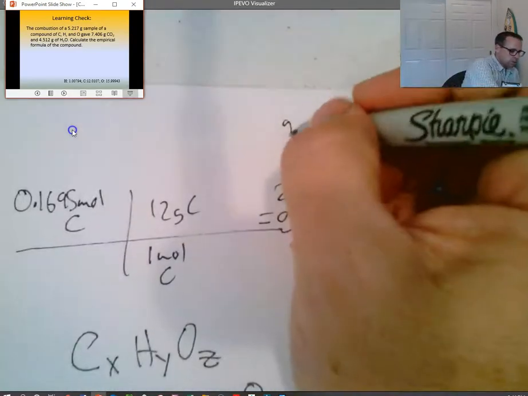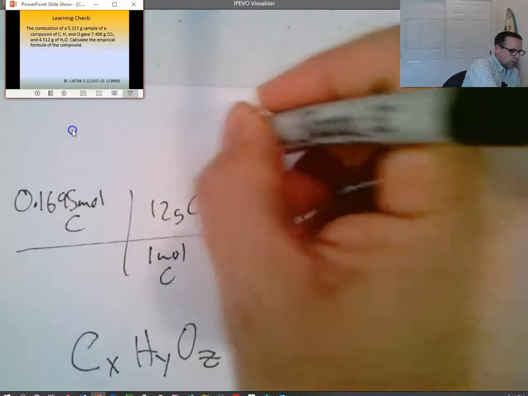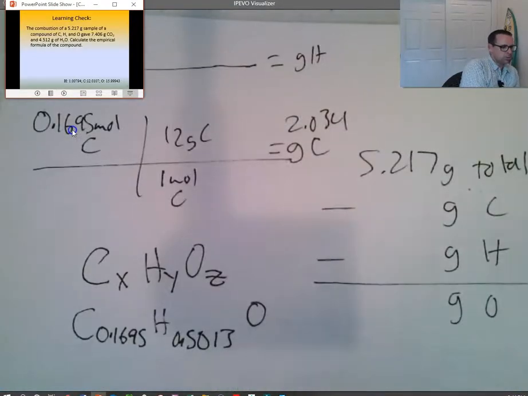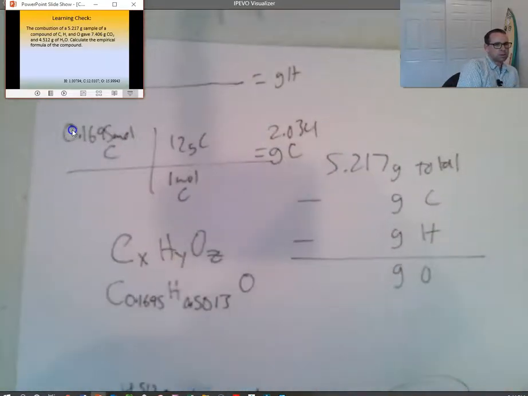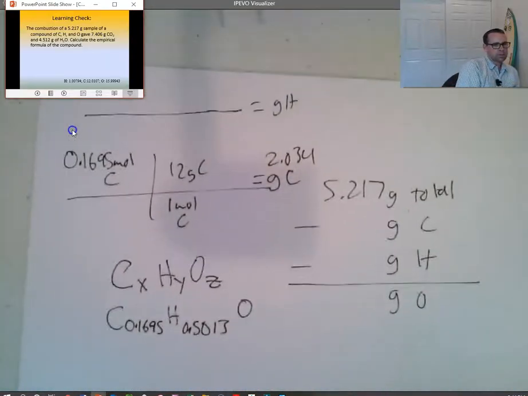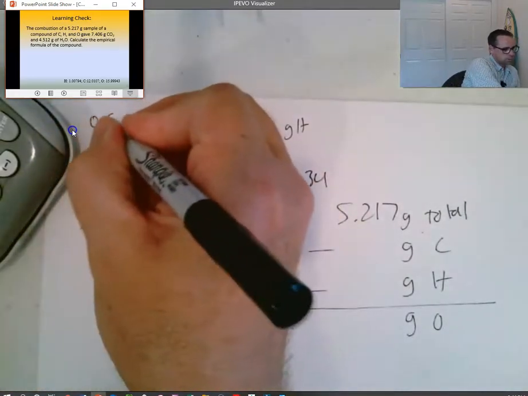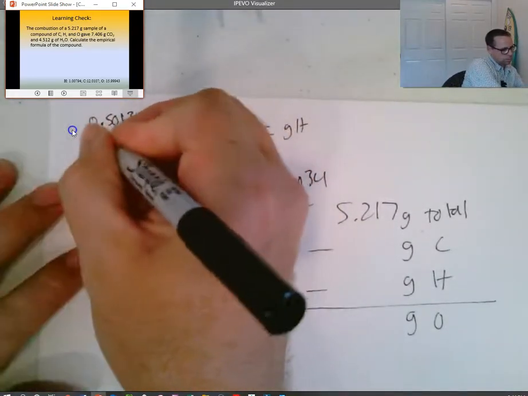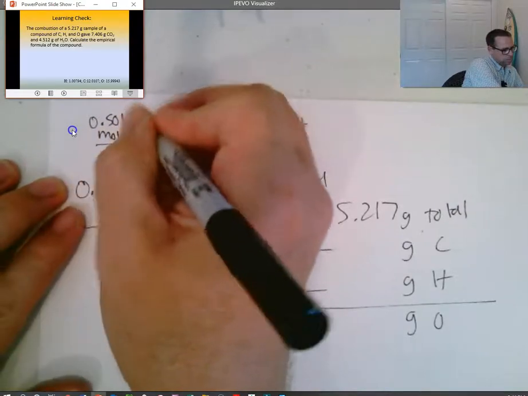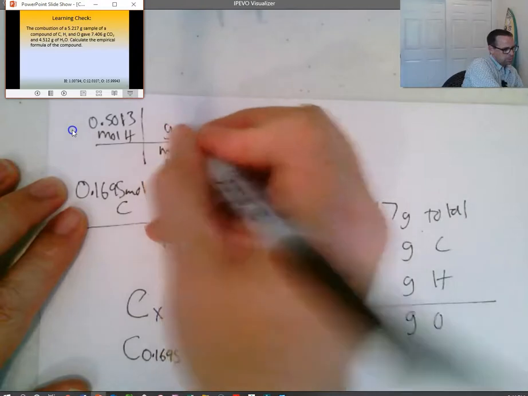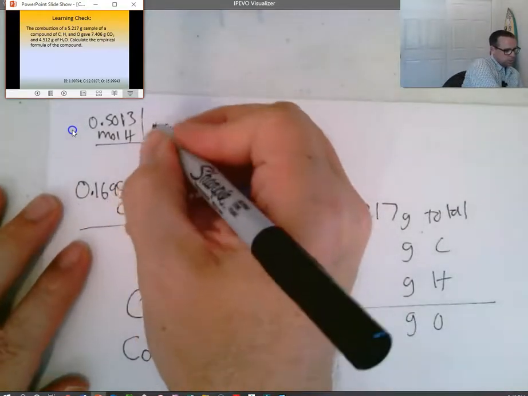Do the same thing for hydrogen. I want to know grams of hydrogen, and I'm going to start off with my 0.5013 moles of hydrogen. I can go from moles of hydrogen to grams of hydrogen, and that's a 1-to-1 ratio, which is nice.